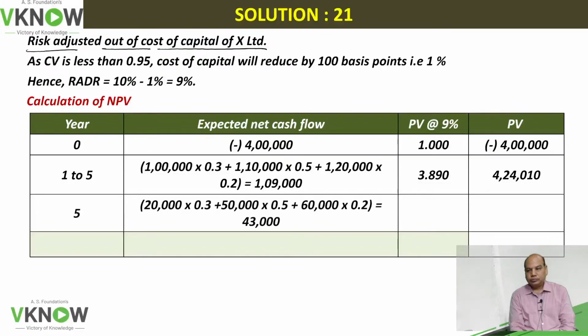Then year 5, expected salvage value. Expected salvage value can be 20,000 with 0.3 probability plus 50,000 with 0.5 probability, 60,000 into 0.2 probability, and that is equal to 43,000.